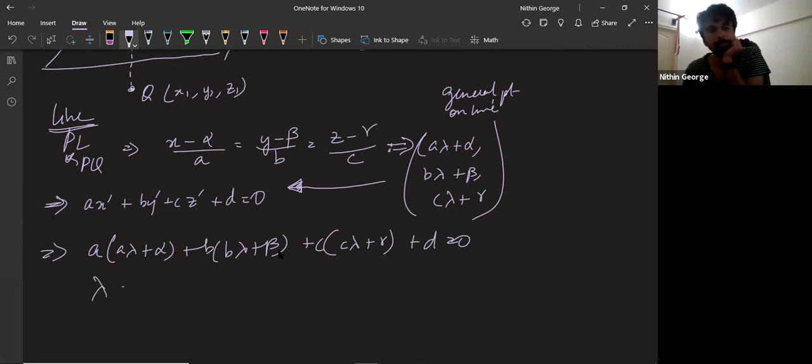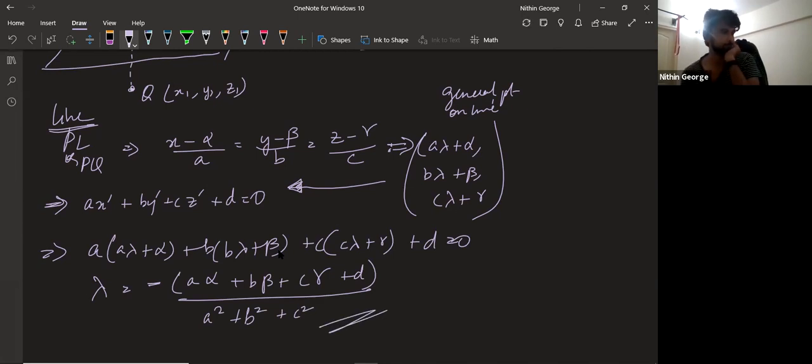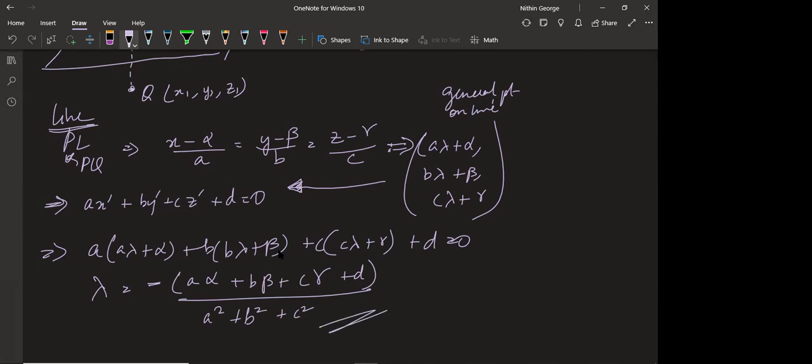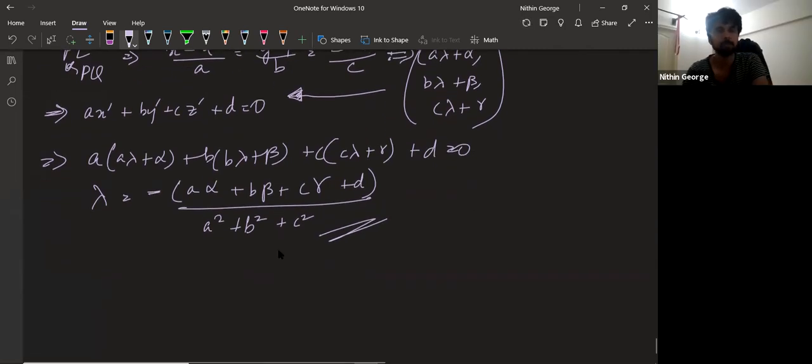And then from this, I can say that lambda will be equal to minus of A alpha plus B beta plus C gamma plus D divided by A square plus B square plus C square. Yes, sir. And then for the image, we just have to multiply it by 2.